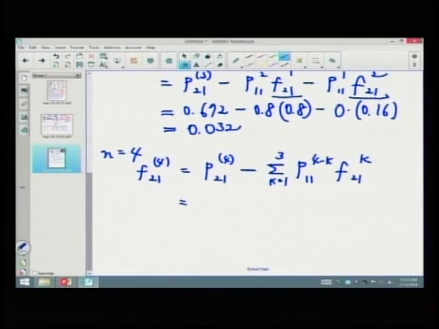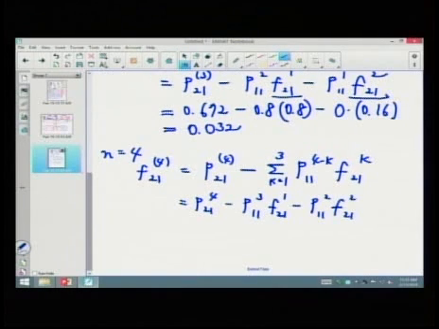More and more complicated. So this is going to be like this. This time k takes 3 different values, 1 through 3, right? So if k equals 1, then this is going to be 3, f21, 1. If k equals 2, then this is going to be 2, f21, 2. If k equals 3, then p11, 1, f21, 3. Is that right?